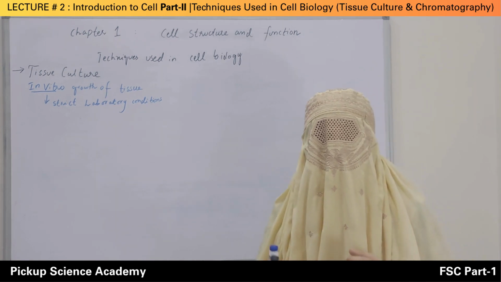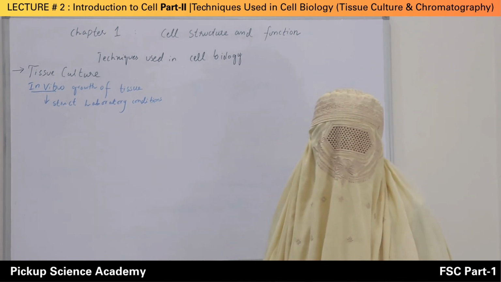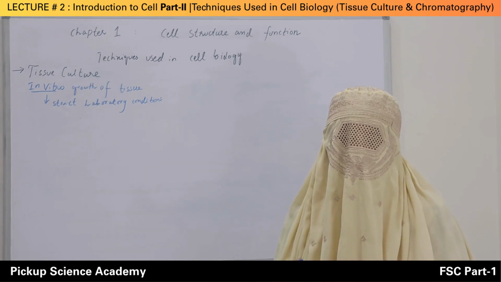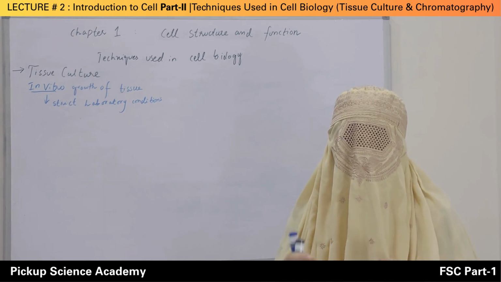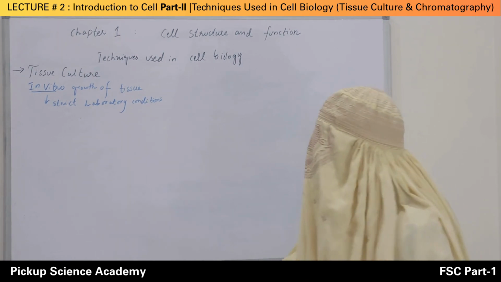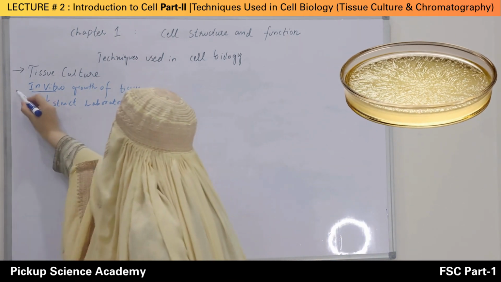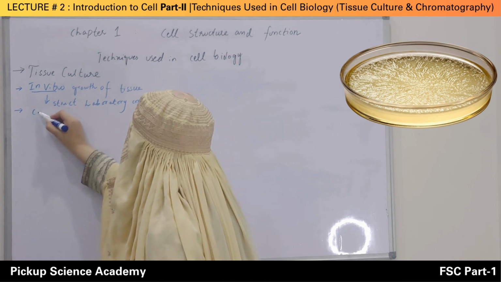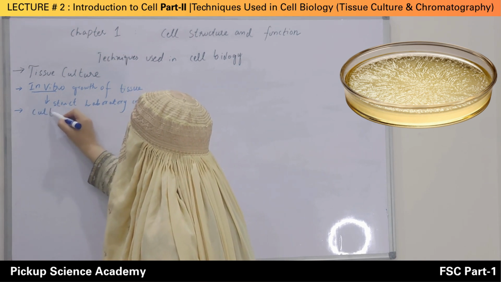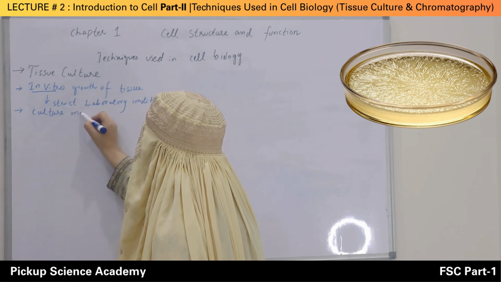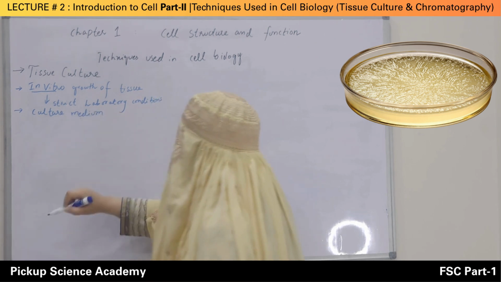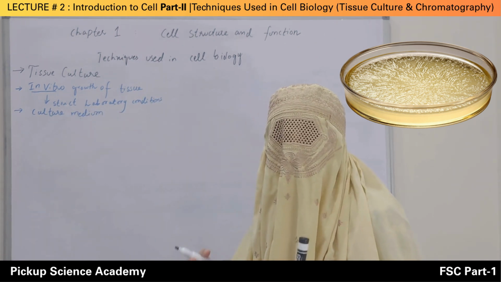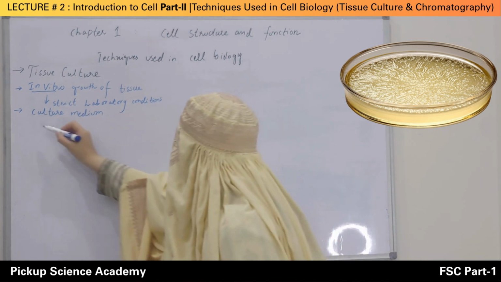So, by applying strict laboratory conditions, we grow the plant or animal tissue in a specific medium which is called culture medium. So, another important requirement is cell culture medium. What is culture medium? Culture medium is a nutrient rich medium.